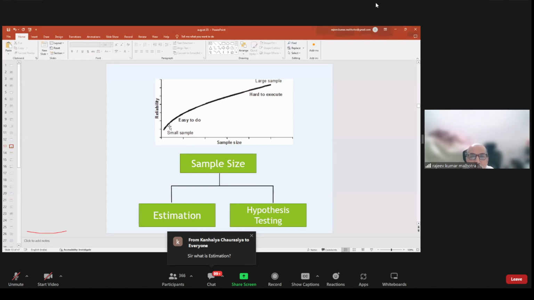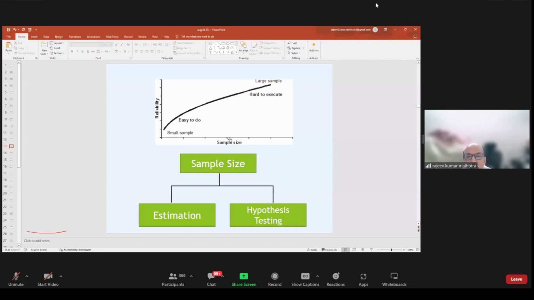If you have a small sample, it is easy to do but reliability is less. You cannot generalize, and it is not reproducible for a small sample size. If you have a large sample size, it is hard to execute, but your reliability is high and the result may be reproducible.